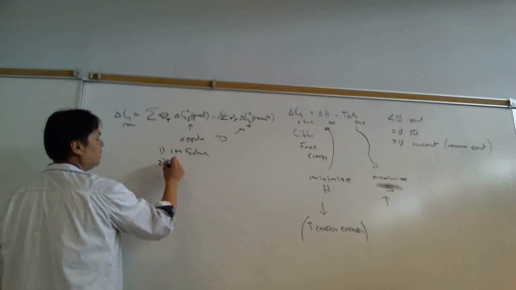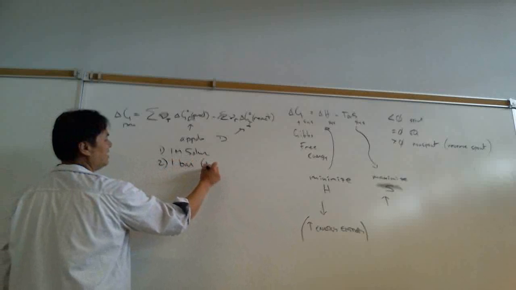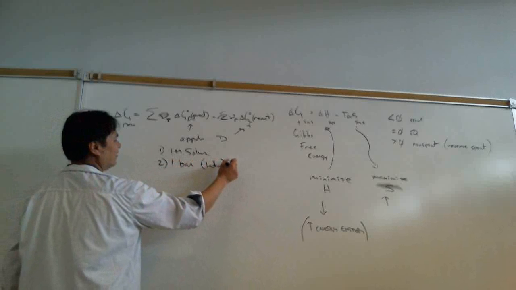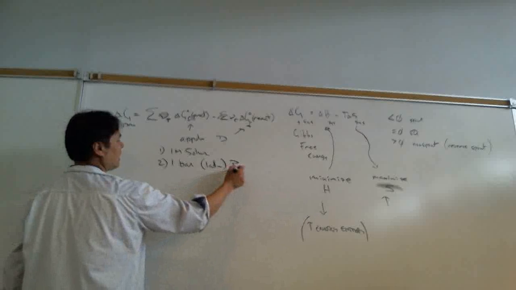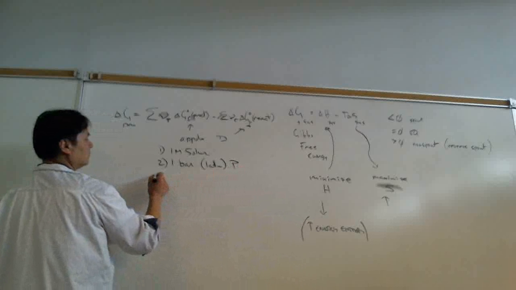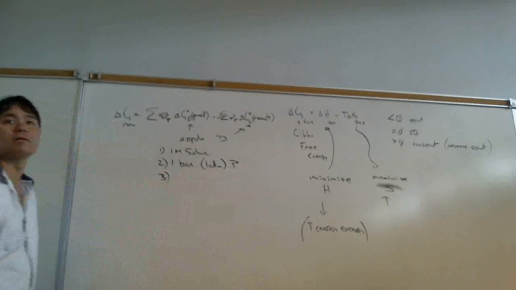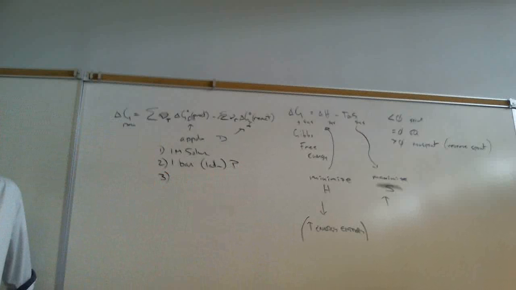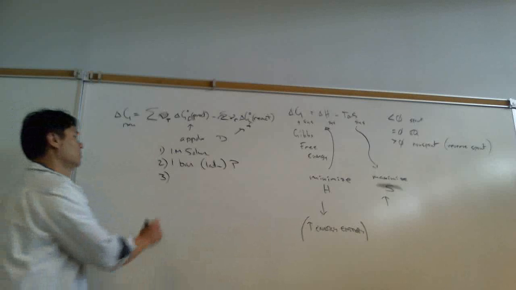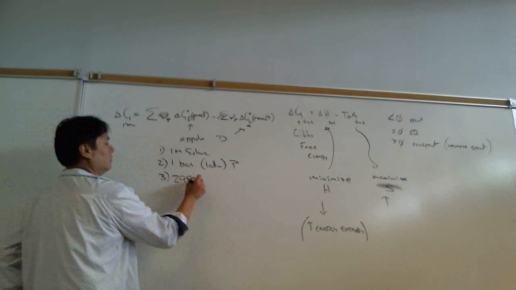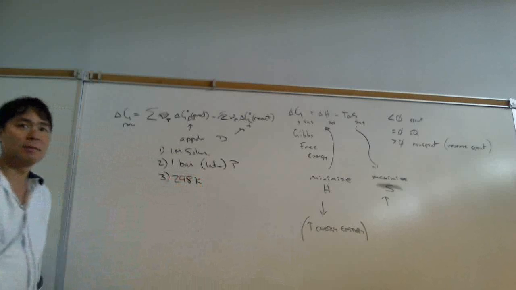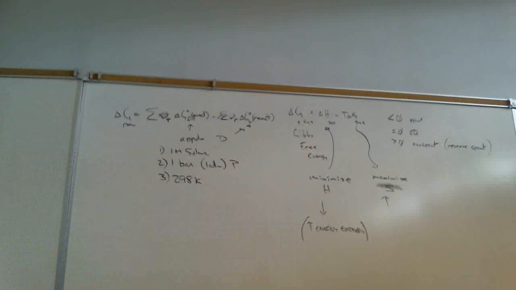Two, we need 1 bar or 1 atm pressures for the gases. Three, is there another restriction on Appendix D? Yes, room temperature, 298 Kelvin. Appendix D data is valid only at 298 Kelvin.